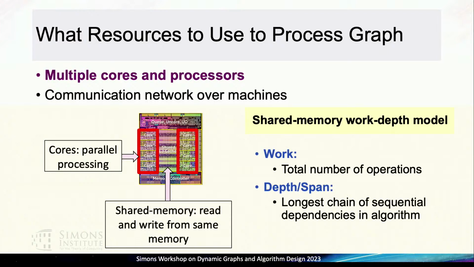So generally, nowadays, one of the models that we use to study such a system is the shared memory work depth model. There are various other models that have been used, like the PRAM model historically. But the work depth model consists of 2 complexity measures: the work, which is the total number of operations that is done by your algorithm, and the depth or the span, which is the longest chain of sequential dependencies in your algorithm.